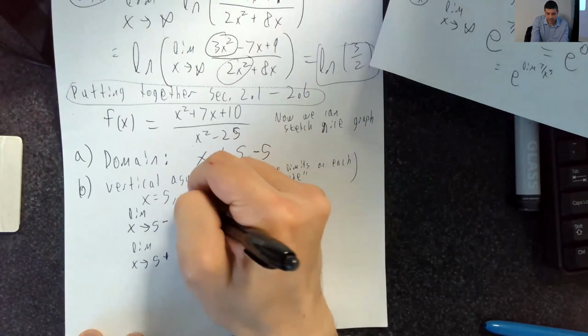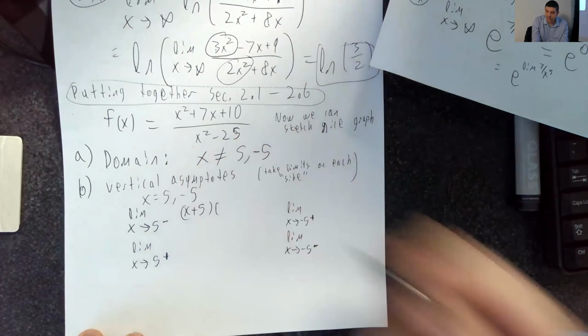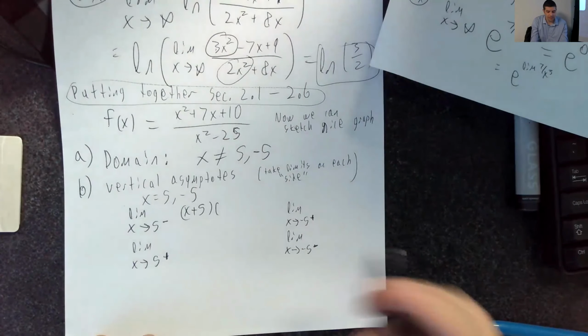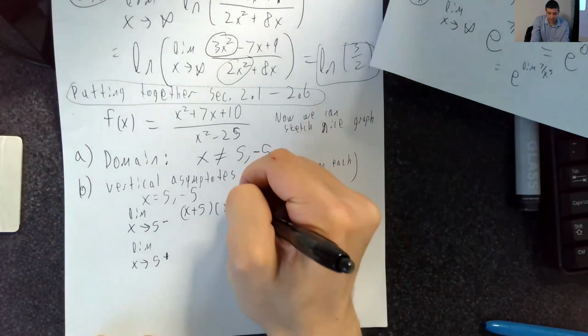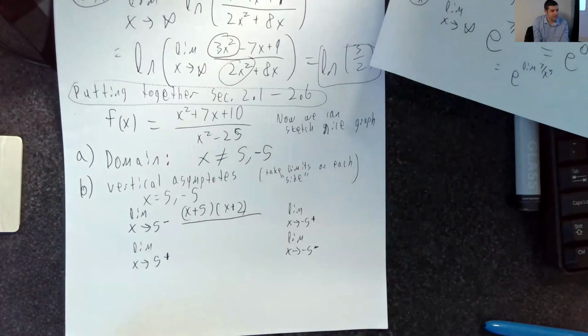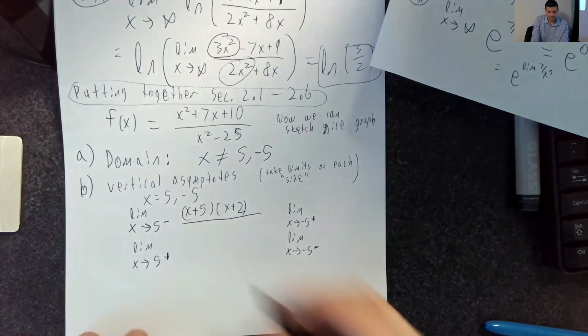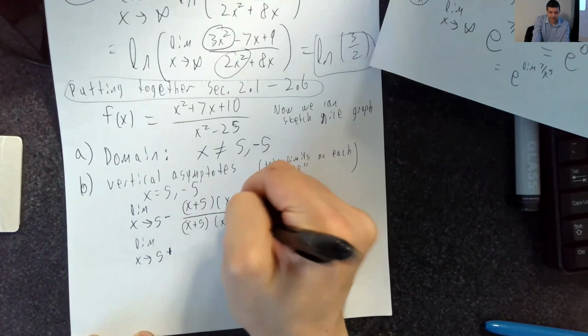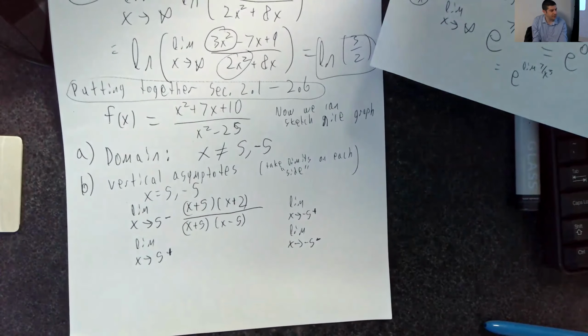Let's see, x plus 5 times what? What's the factor in the numerator? x plus 2. And how do we factor the denominator? x plus 5, x minus 5. Right. So it'll help you to factor these out.